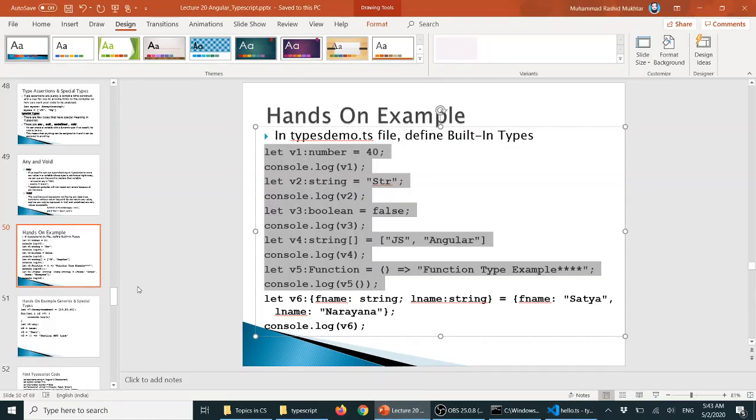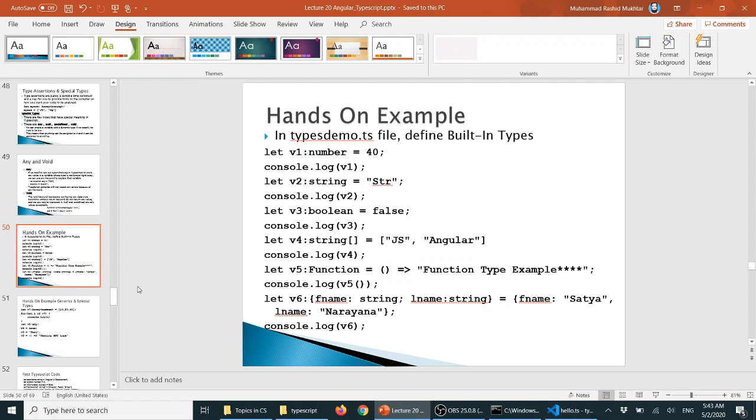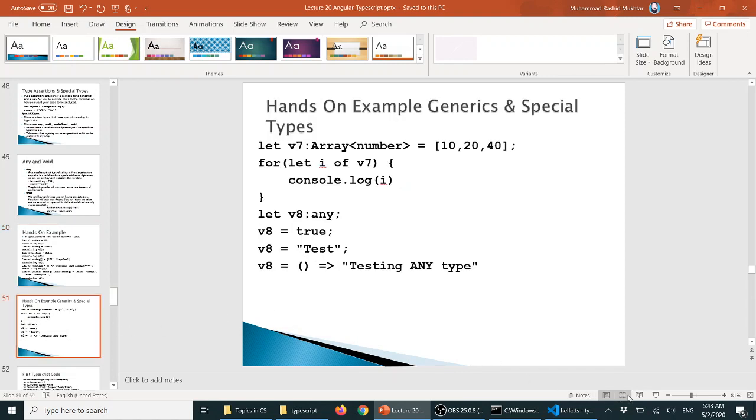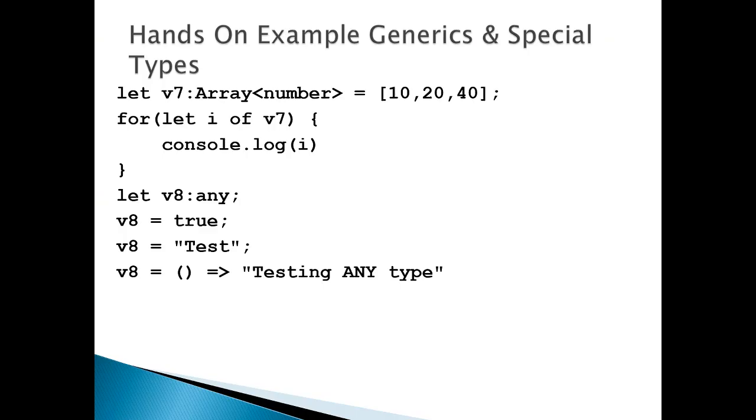So with this, in the same way, you can define an object. You can define an array and you can use a loop to print out that array. You can use v8 as an any, and you can assign any value. You can assign the boolean value to this any, you can assign the test value to any, you can assign a function to this any type.